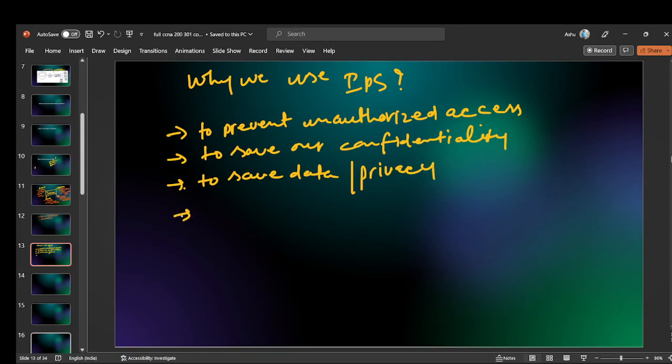There are many points we can analyze on this point. Why we use IPS, and how IPS helps in this scenario. It provides the facility of firewalls, IDS, IPS, access control, encryption, regular software updates. Clear?